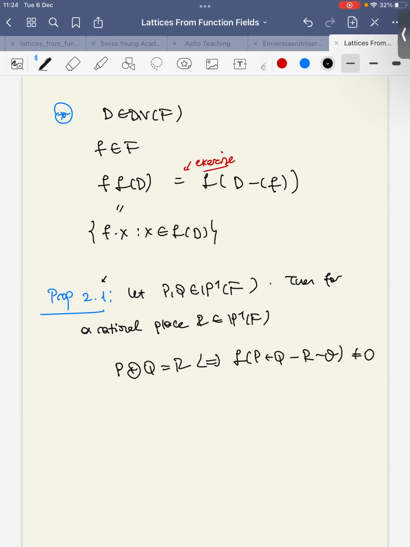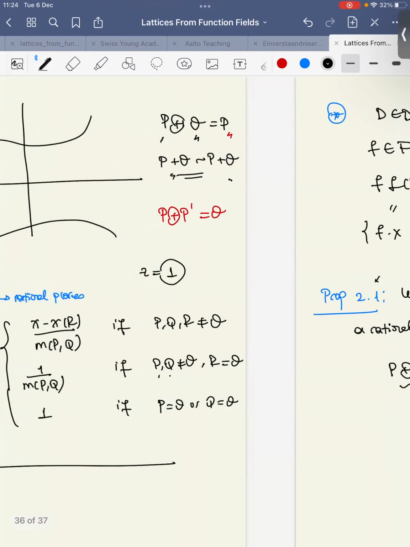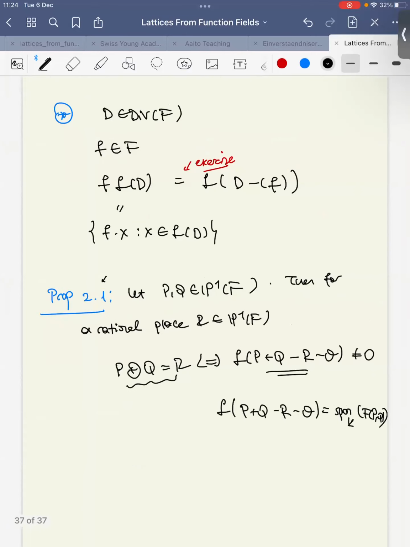And if this is the case, this is going to be a degree 0 divisor, and this is going to be principal thanks to this addition structure. But this is a one-dimensional vector space, so if this is principal, it should have dimension 1. Indeed, this is not going to be constant always, but this Riemann-Roch space is spanned by the function f of P and Q. So the function we considered here, in the next video I will talk about its proof.